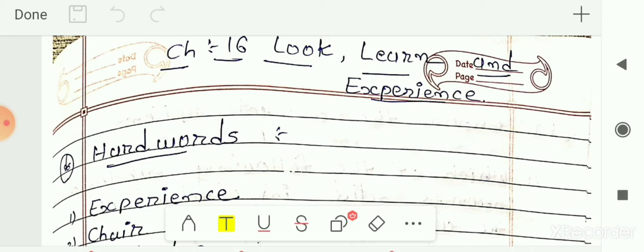Then we saw what mass and weight are. The mass of any object is the amount of matter contained by that object. The weight of an object is the force acting on that object due to the gravity of the earth.